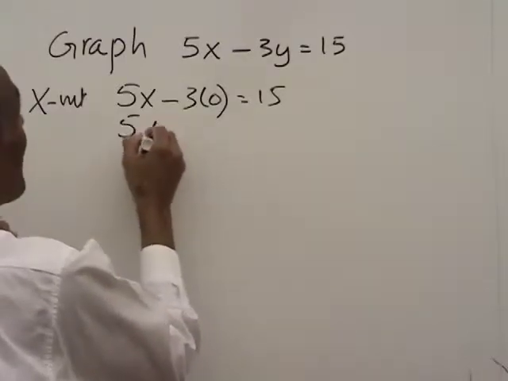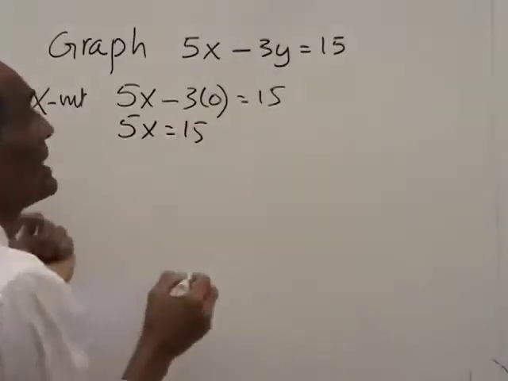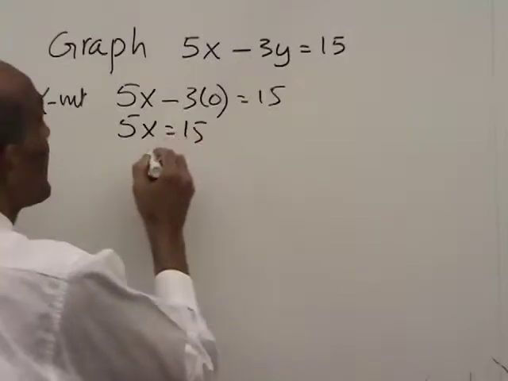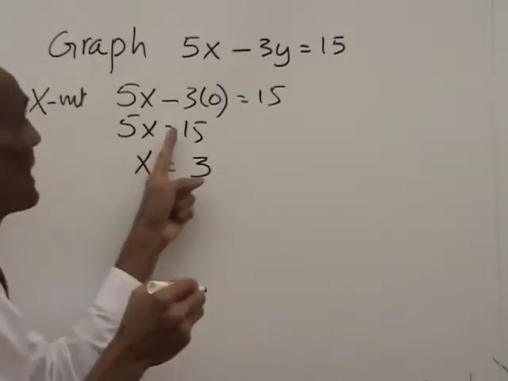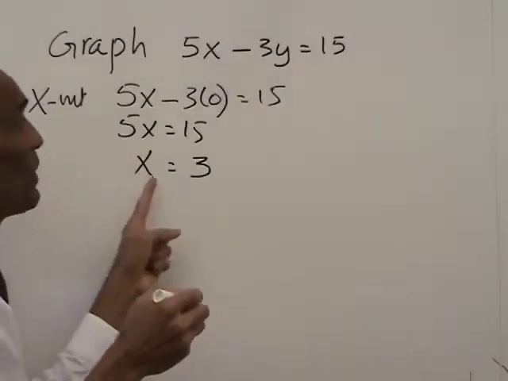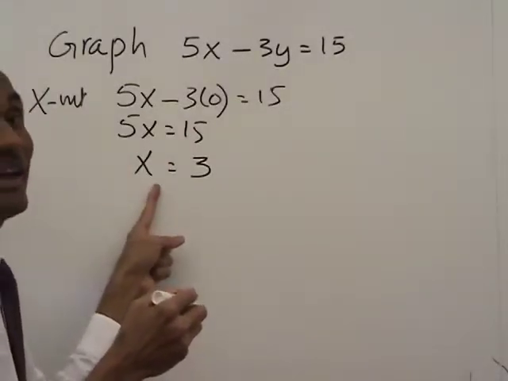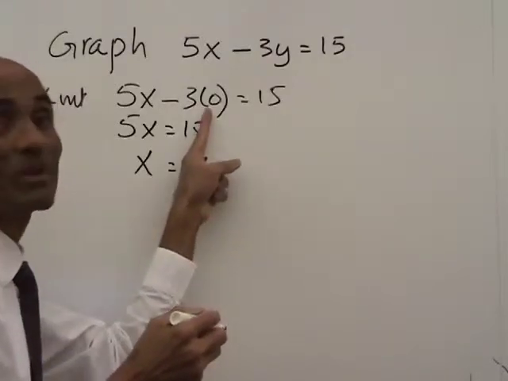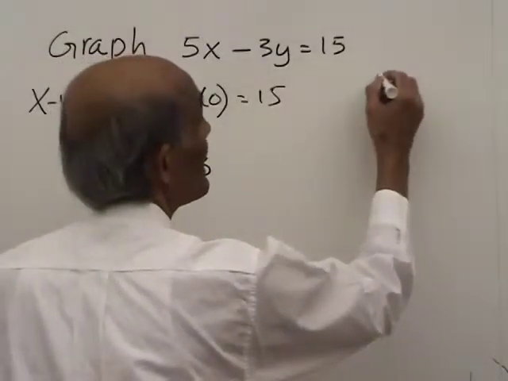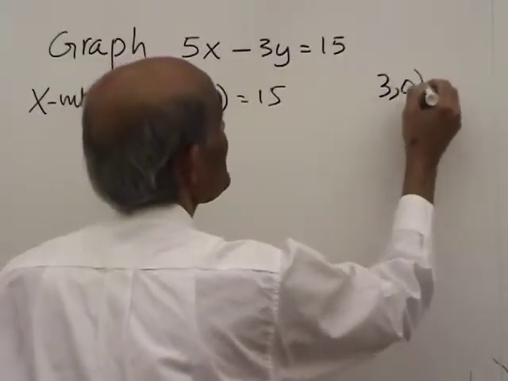That gives me 5x equal to 15, or x equal to 3. Divide both sides by 5. So what is the x-intercept? X-intercept is x equal to 3, y equal to 0. I'm going to write it here. X-intercept is 3, 0.